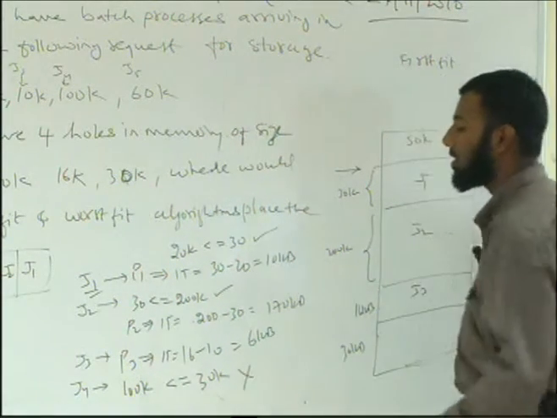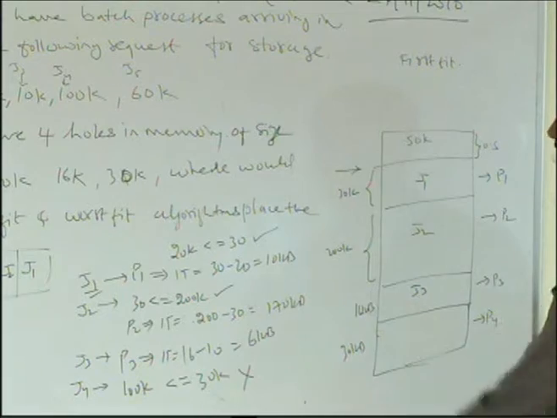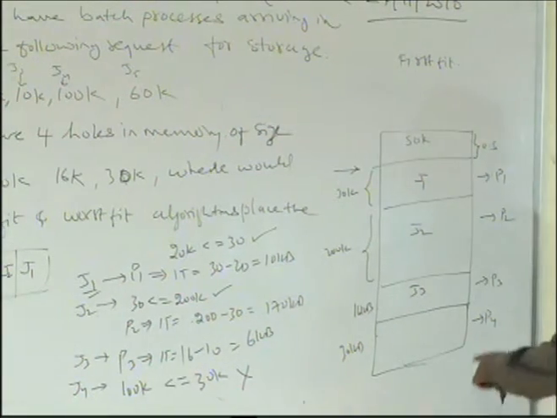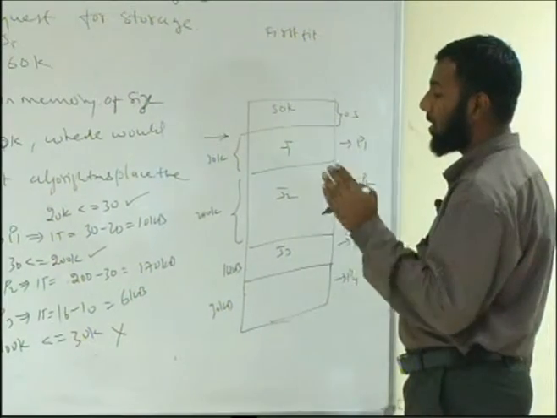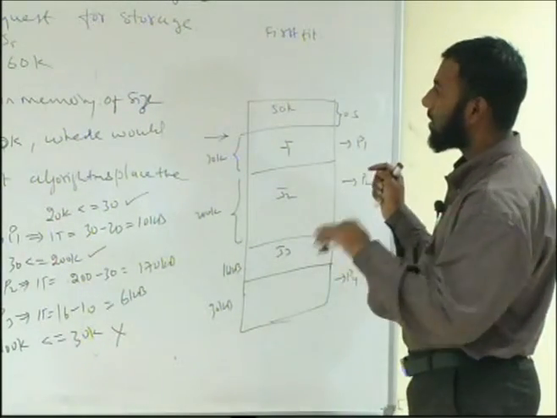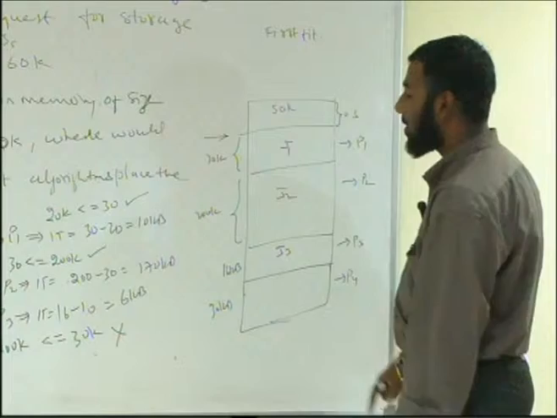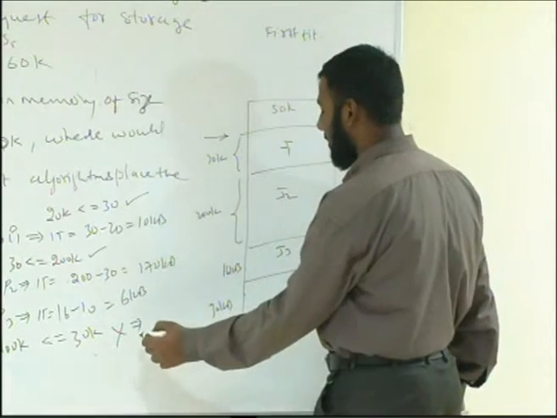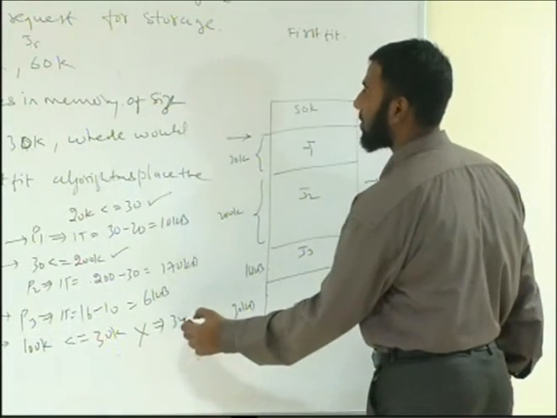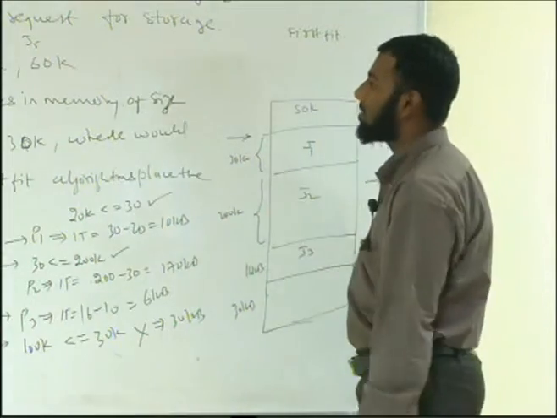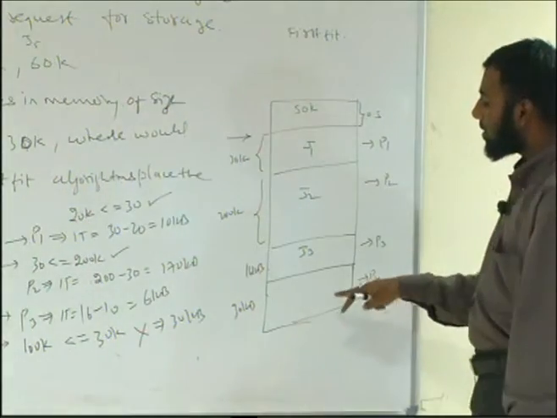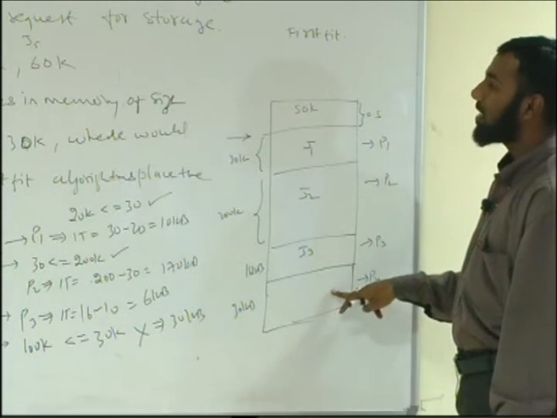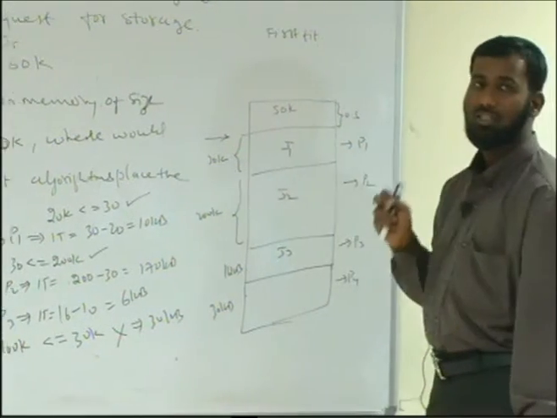No, this condition fails. So this partition will not be allocated for job J4, and it has to wait until one of these jobs completes. This results in an external fragmentation of 30 kilobytes. Similarly job J5 cannot be accommodated, because the available space is only 30 kilobytes and the process is 60 kilobytes.